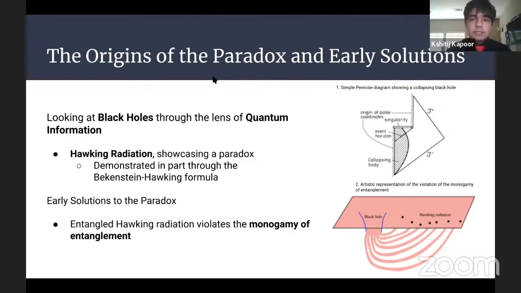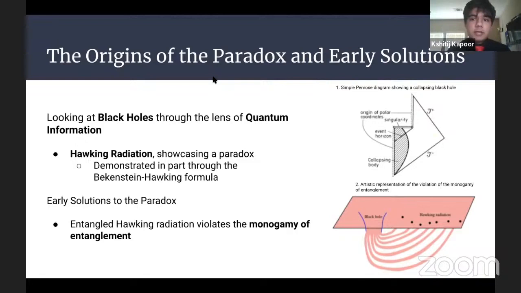There were several early solutions proposed to resolve this issue, but most came with severe drawbacks. It was initially proposed that the Hawking radiation could be entangled with the information inside the black hole.